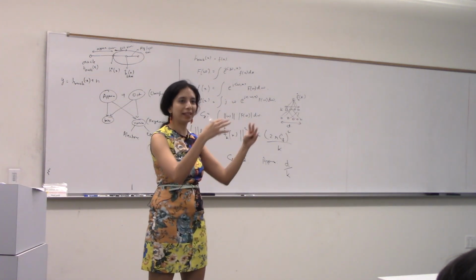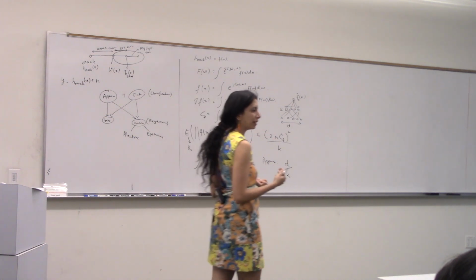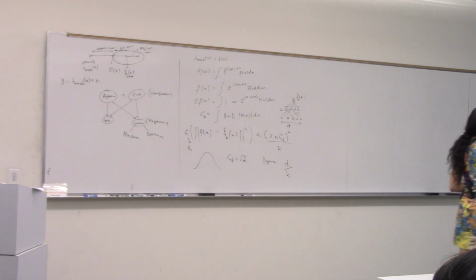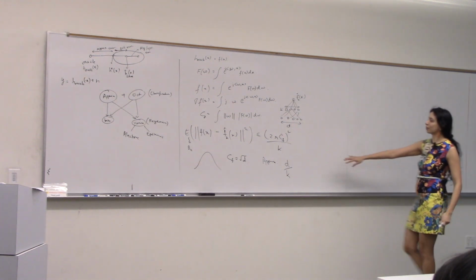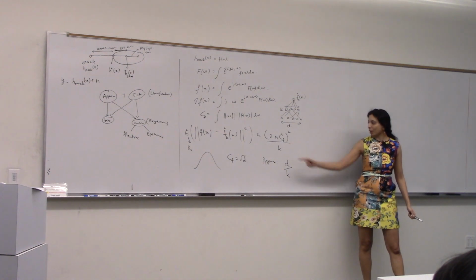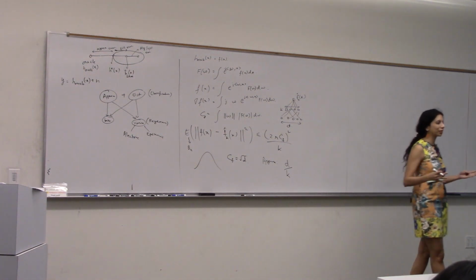If you have L layers, your shallow network should be exponential in L in terms of the number of units to represent a deep network. So you can always reduce a deep network to a shallow network and talk about the approximation error for the shallow network. But the problem is, maybe the deep network has further structure.